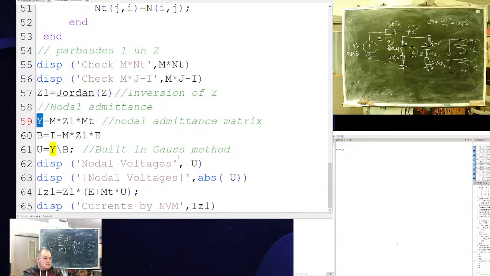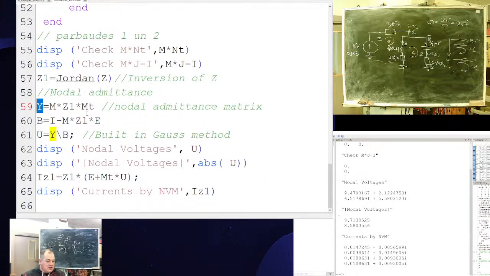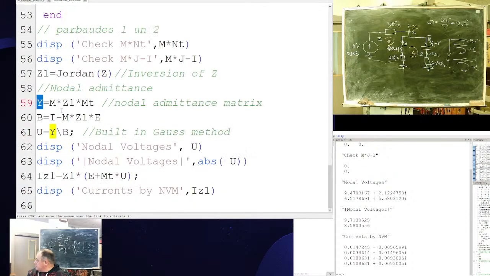So, the nodal admittance matrix will be complex. And resistance will be complex, and the solution will be complex, and we will get complex values. Actually, it's a nodal solution. It's the same thing we saw on the DC network. I just use Y instead of G to note that it's a complex matrix.